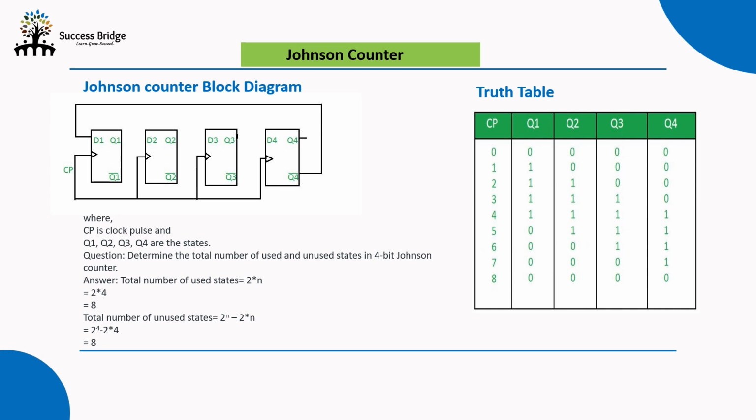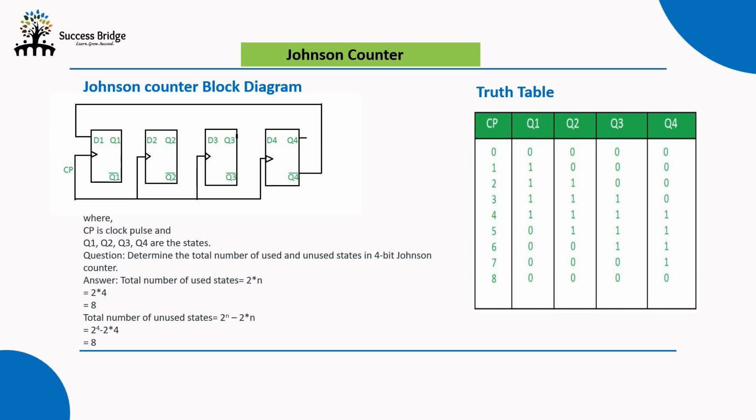Then the previous value held in Q1 is shifted to Q2, the previous Q2 value is shifted to Q3, and similarly the previous Q3 value is shifted to Q4. Then Q4 is 0, inverted to 1, and the 1 is passed again to Q1.